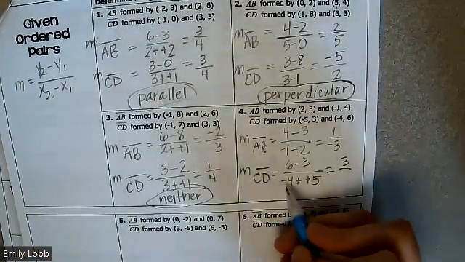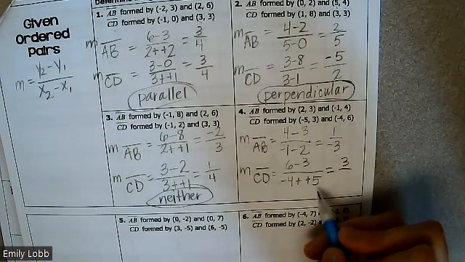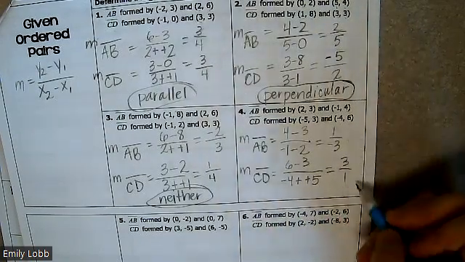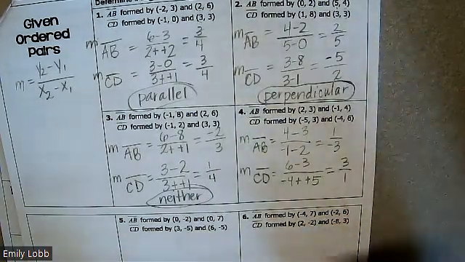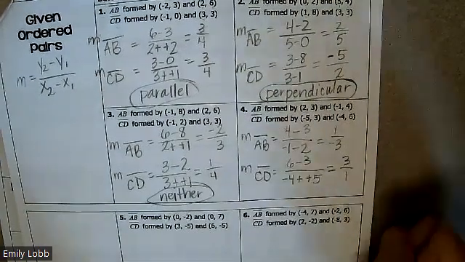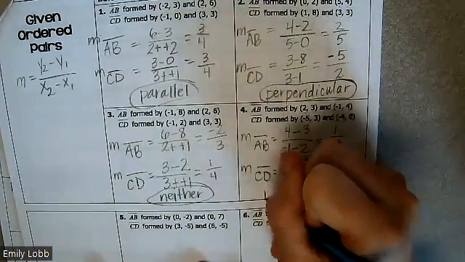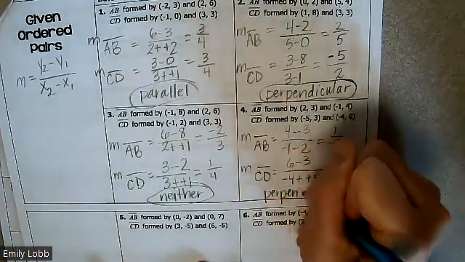Negative 4 plus 5 is 1. So this way it's very easy to see that these are what? They're the opposite and they're flipped. So they're opposite reciprocals. So we call that perpendicular.